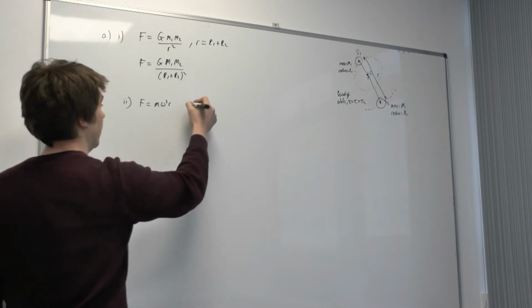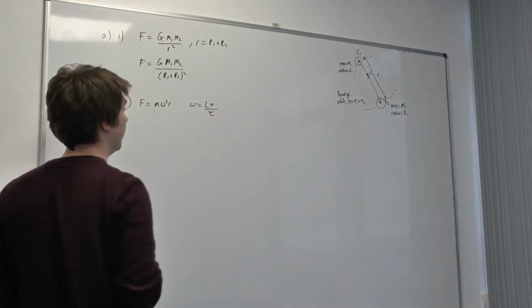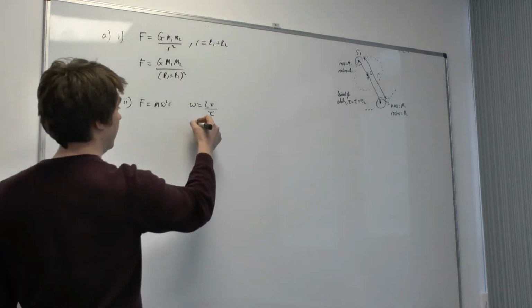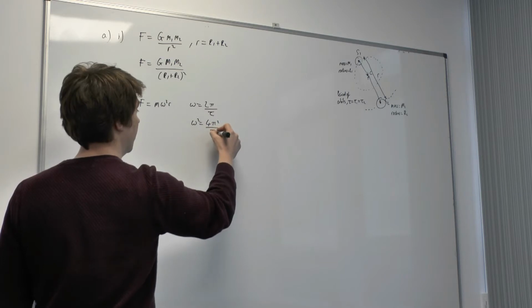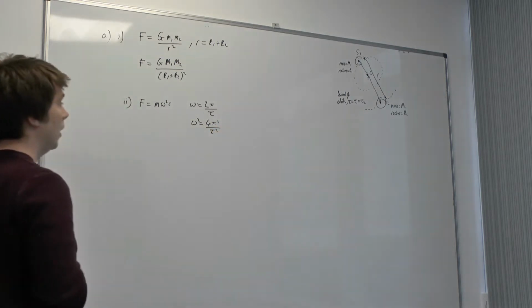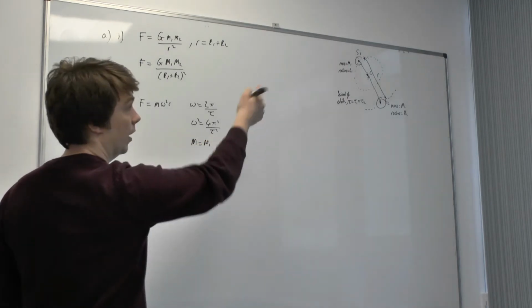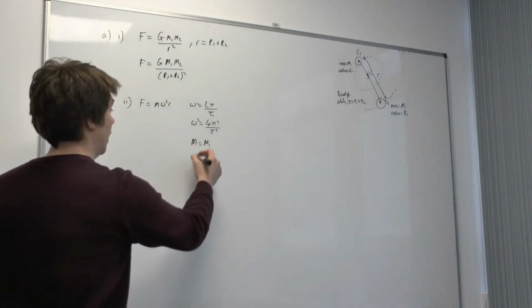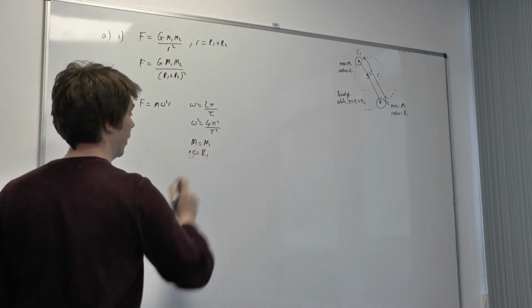So omega here is given by 2 pi divided by the time period, and we have omega squared. So omega squared is equal to 4 pi squared divided by tau squared. Our m here is m1, since we're looking at the star S1, and its radius from C is given by R1.